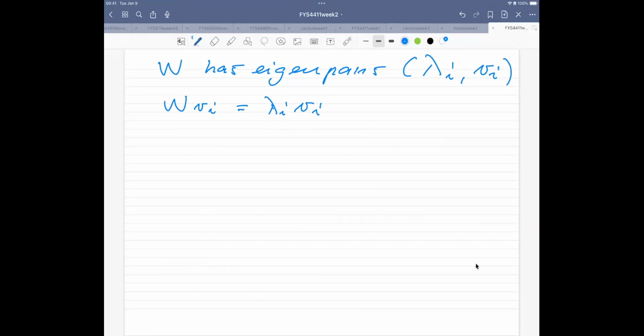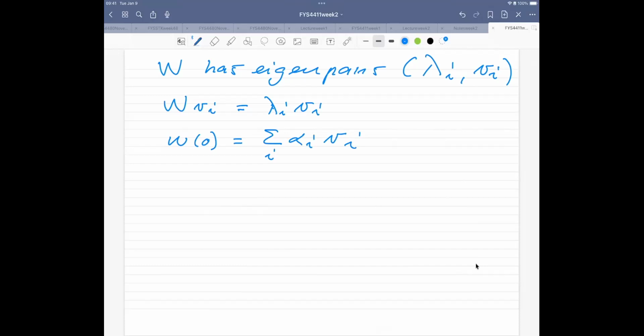Now, the v of i's construct a basis, which we can obviously make orthogonal and normalized. So what we could do now is to take the distribution at time t equal to 0, and we could expand that one in this eigenbasis of the matrix W. Since this v of i defines a complete basis, there is an overlap coefficient alpha of i, and then we have an expansion in terms of the eigenbasis.